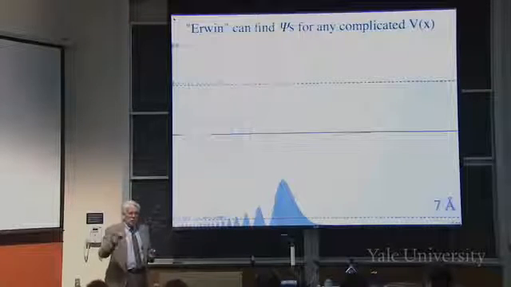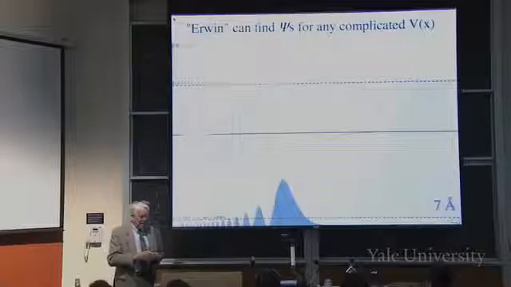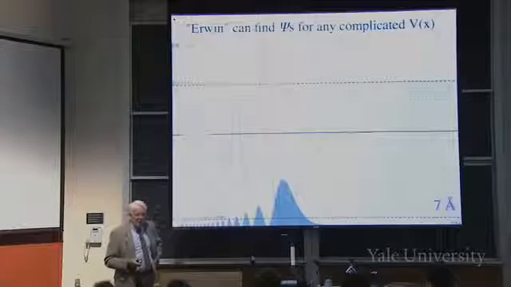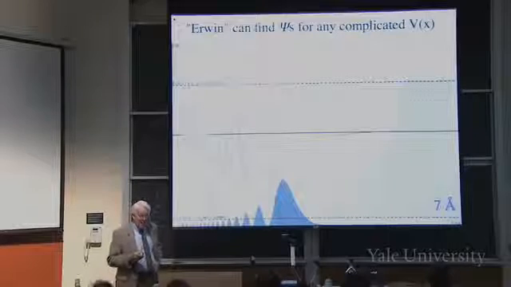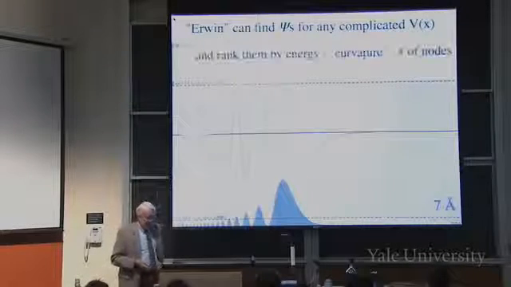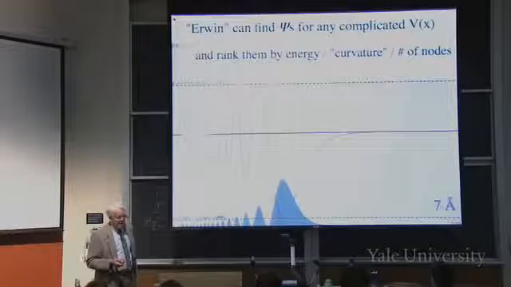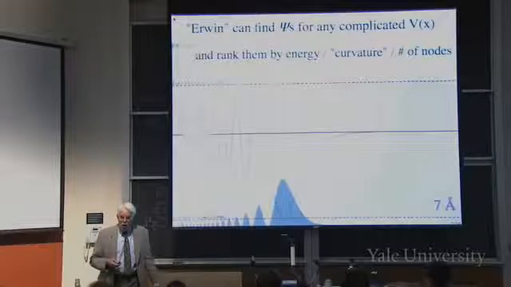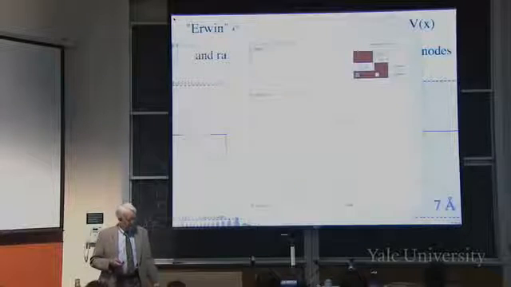We can make it anything we like and just follow the recipe, find out allowed energies, shapes of wave functions, probability density, rates of tunneling, all this kind of stuff. And we can rank all the wave functions by their energy or their curvature, the number of nodes they have.